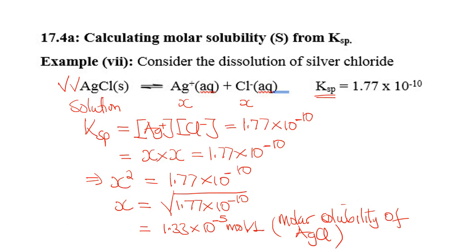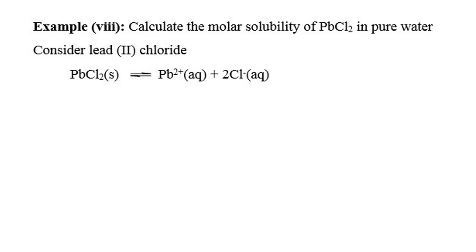So let us look at another example. What is the molar solubility of lead 2 chloride in pure water? So the first thing is, sometimes you have to write an equation on your own, but here you are given the equation.